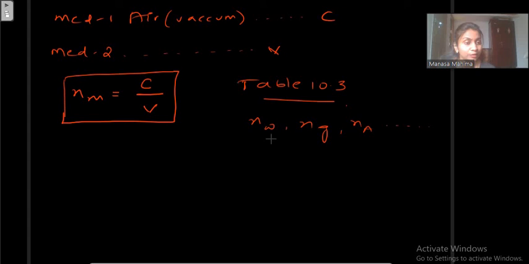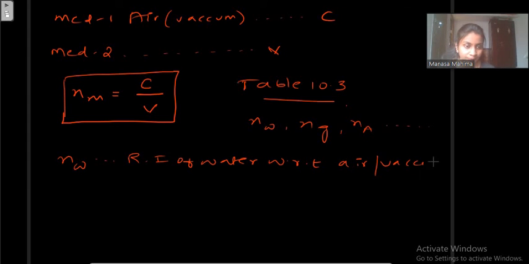What does this NW represent? NW is the refractive index of water with respect to what? With respect to air or vacuum. Like that we have to consider. It is the refractive index of water with respect to air or vacuum. Similarly, if they have given Ng, what does that represent?